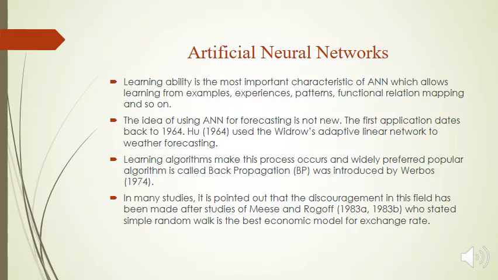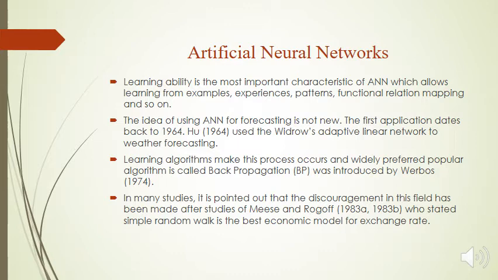Learning ability is the most important characteristic of ANN, which allows learning from examples, experiences, patterns, functional relation mapping, and so on. The idea of using artificial neural networks for forecasting is not new. Actually, the first application dates back to 1964, who used Widrow's adaptive linear network for weather forecasting.